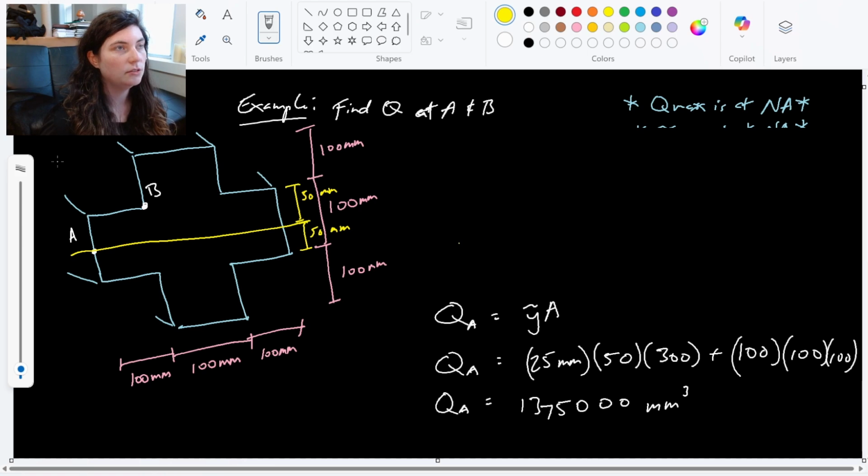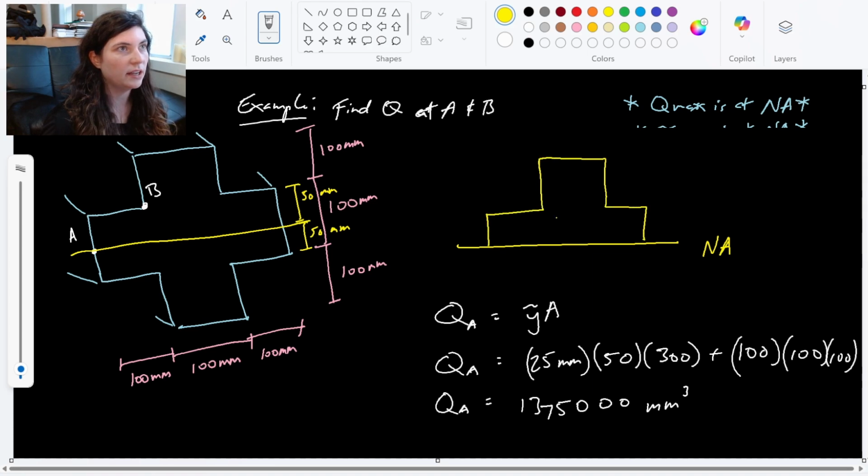I'm going to start with my neutral axis. I'm going to draw in the top half of the cross again. But notice this time, I only want the portion above B. So that portion above B is just this section here.